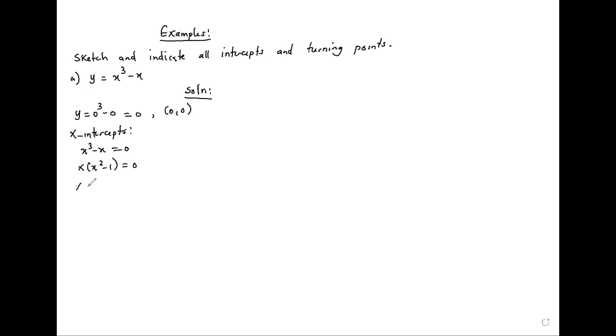So you get x is 0, or x squared minus 1 is 0, which gives us x is equal to 1, or x is equal to -1. These are the x-intercepts and the y-intercept.